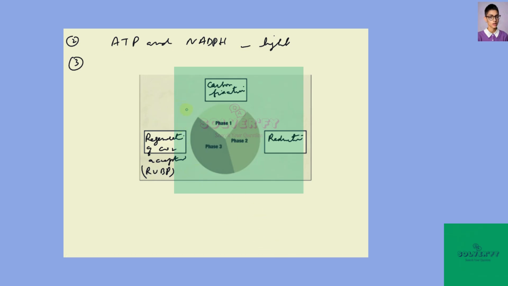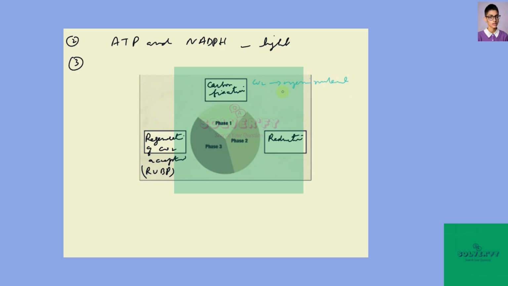In the first phase of the Calvin cycle, which is the carbon fixation, carbon dioxide is incorporated into an organic molecule through a process called carbon fixation.